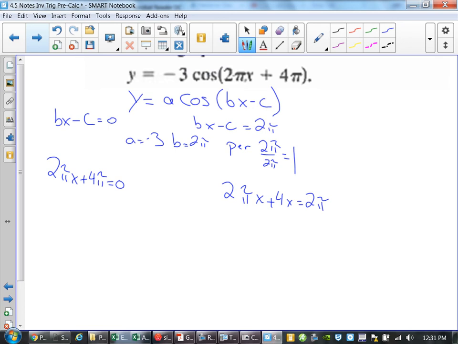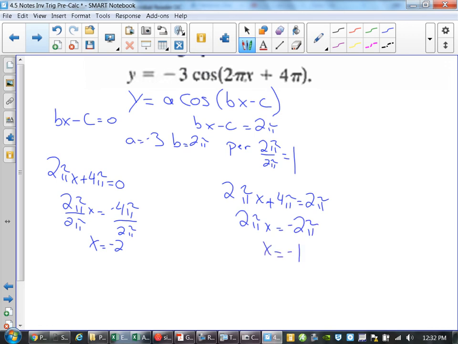Subtract 4 pi divided by 2 pi. And then same deal. Oops, that break 4x, 4 pi, sorry. You set it to say it's the bx minus c.